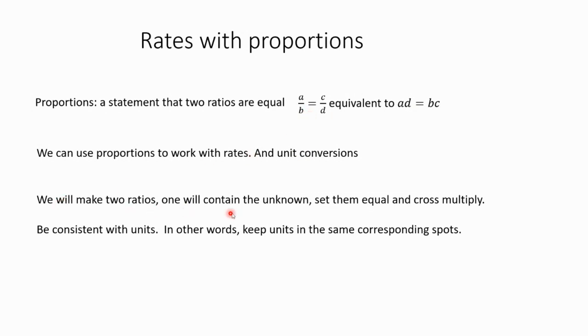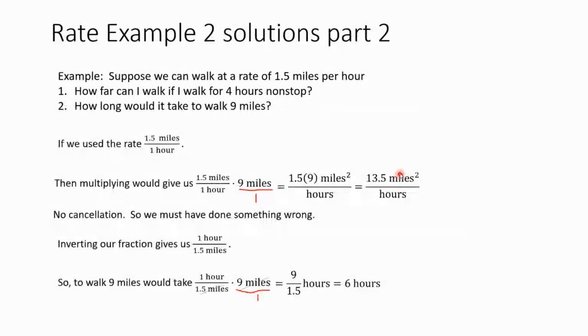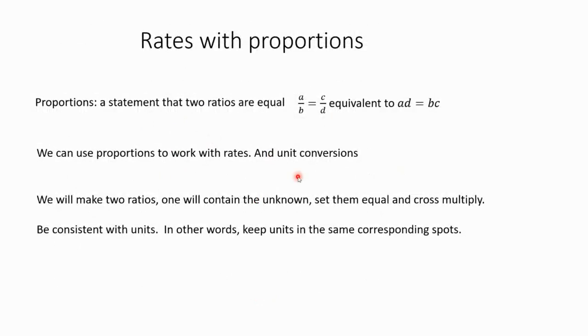Basically, what's going to happen is this, what I wrote here. You're essentially going to make two ratios. One is going to be from the given information, kind of like what we did here. We get a ratio using the given information. There'll be another ratio with an unknown, and then you'll solve it using this.